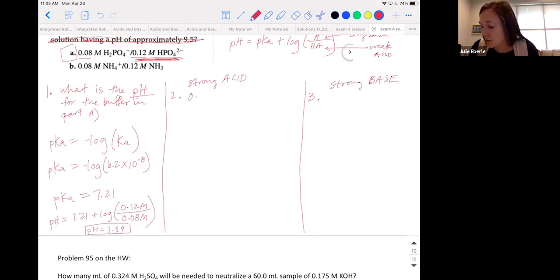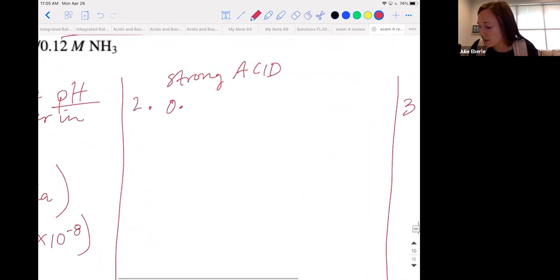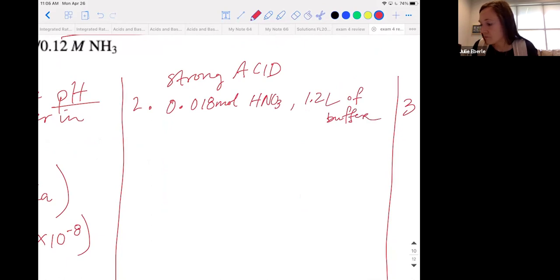So what if we add 0.018 mole of HNO3, that's a strong acid. I'm going to make up numbers here. And let's say that you have 1.2 liters of buffer. The first thing you always have to do is calculate molarity.